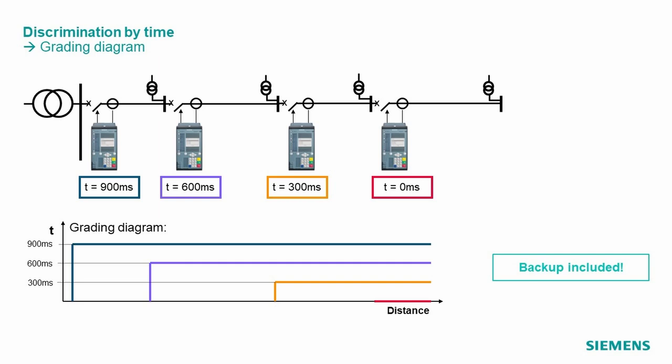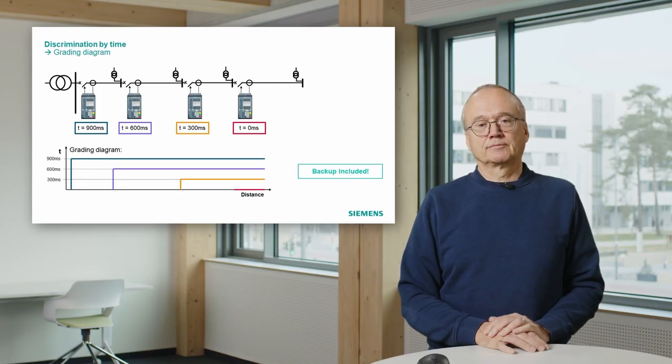If you go more to the left, you see if we look at the second cable from the right, it will normally be tripped in 300 milliseconds by the orange relay. If the orange relay fails, the purple relay will be the backup.